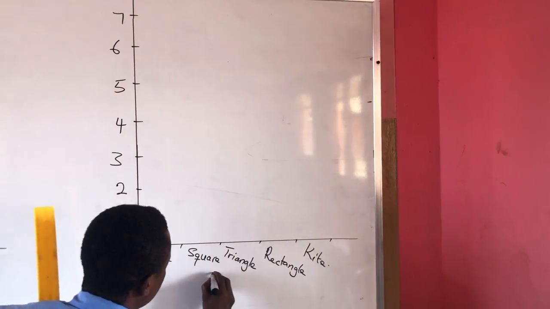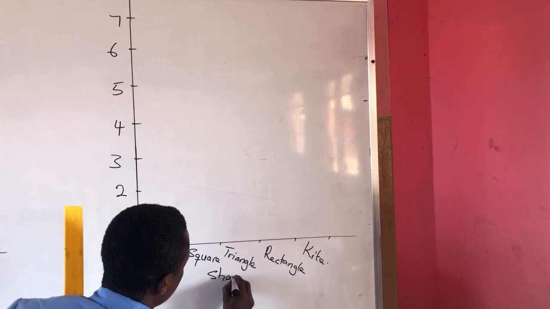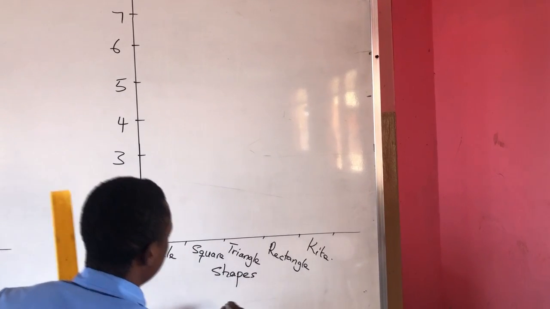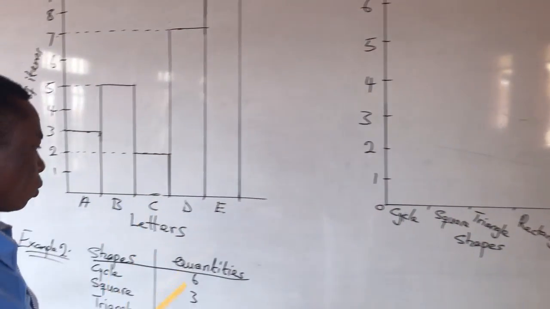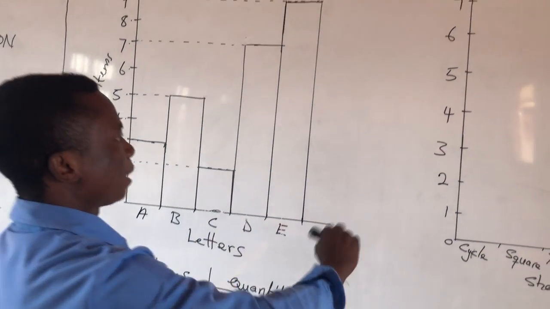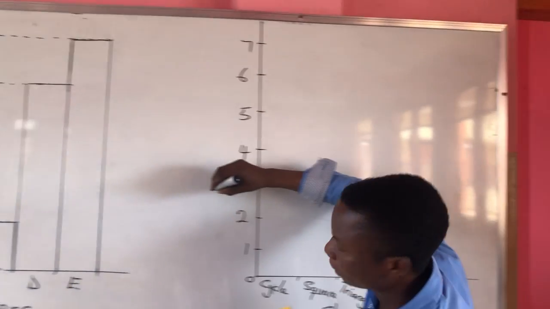All right. Make sure you write under these shapes. These are all shapes. And these are all quantities. So you have to write your quantity over here.